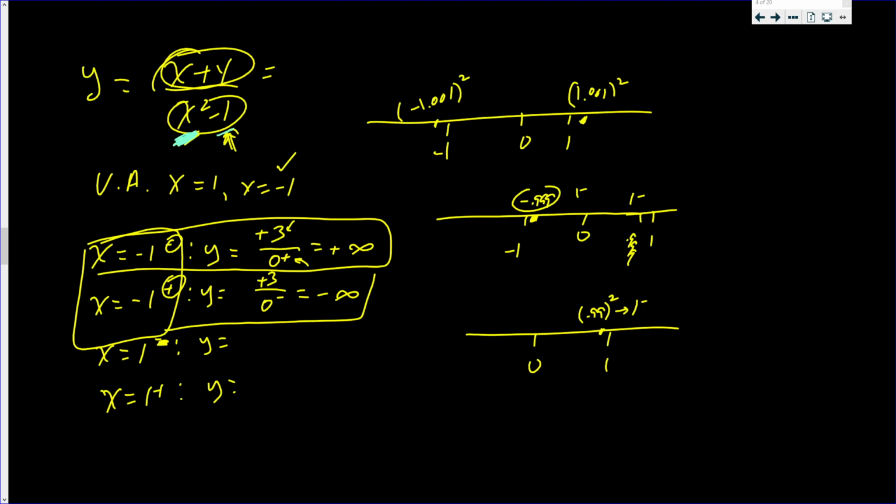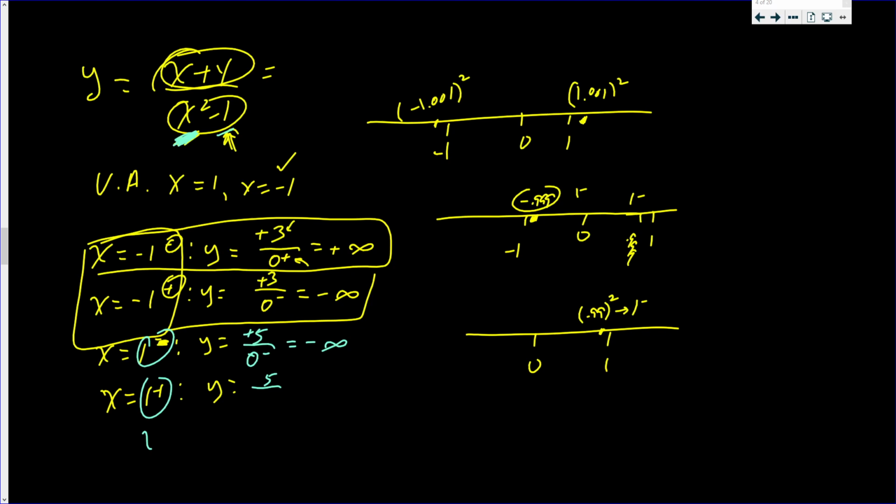And then when you take away 1, it's going to be negative, a little bit less than 0. And the numerator is always going to be around 5 if x is around 1. Positive 5. Positive divided by negative is negative. 5 divided by close to 0 is, in this case, negative infinity.